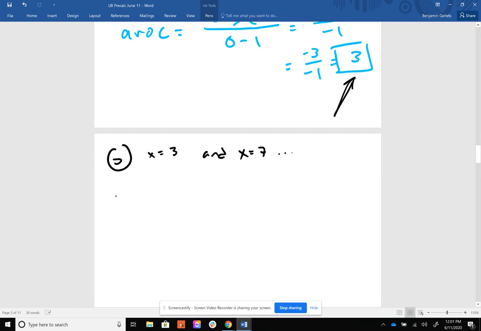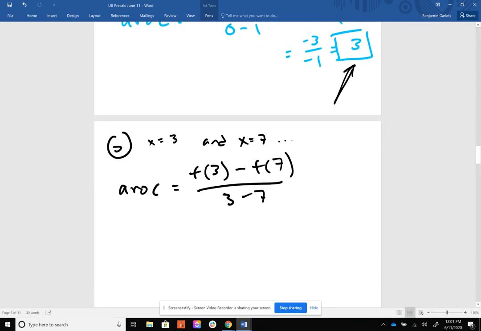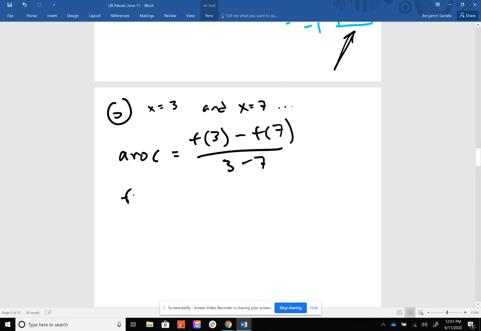So average rate of change is f of 3 minus f of 7 over 3 minus 7. And 3x minus 5 is our function, just a reminder. So I'm going to evaluate f of 3. So f of 3 is 3 times 3 minus 5.